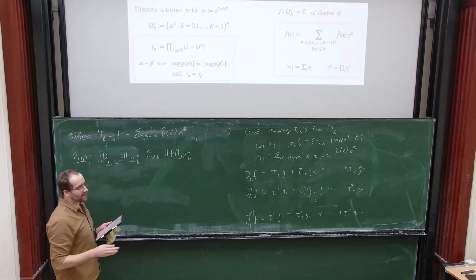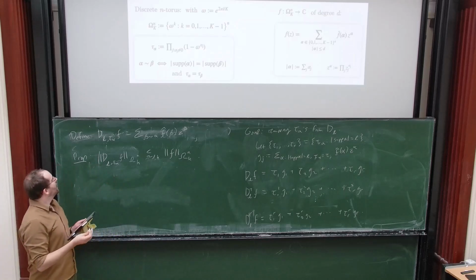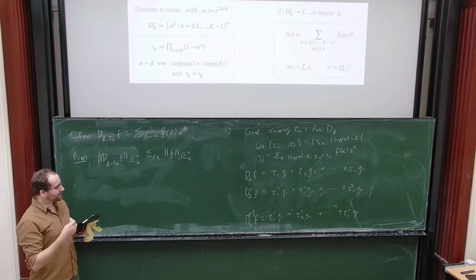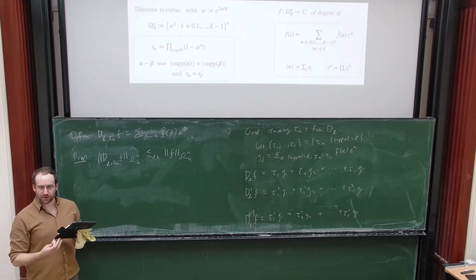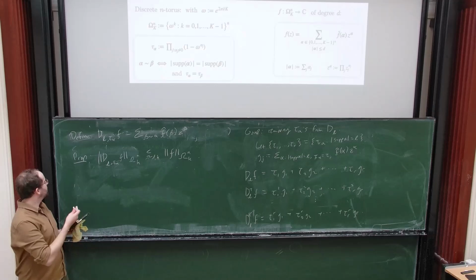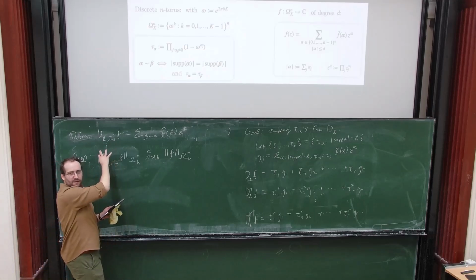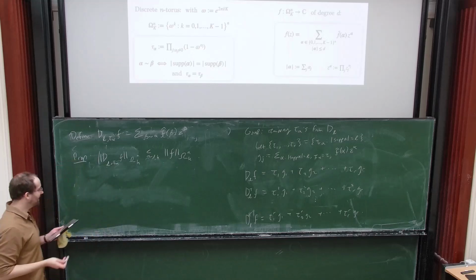Okay, so one thing that's a bit weird is that there are indices alpha that have different support sizes, but can have the same tau sub alpha. So this is why these are not entirely... No, it's a great question, thank you.